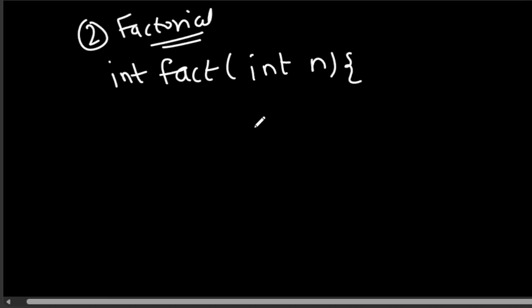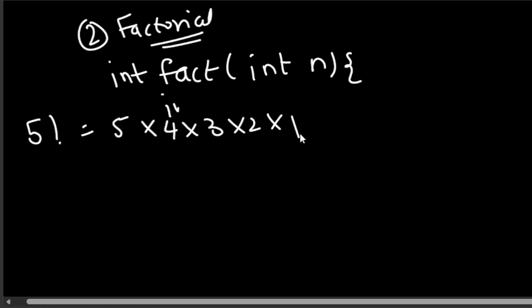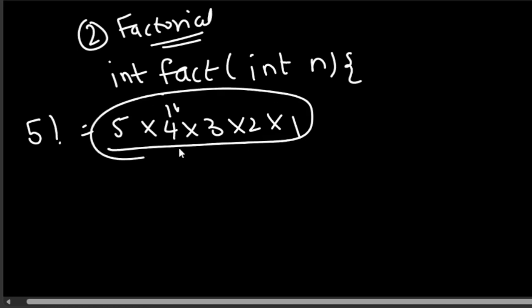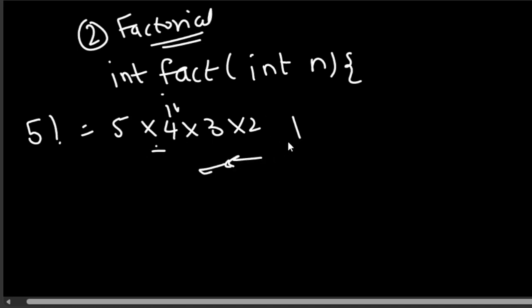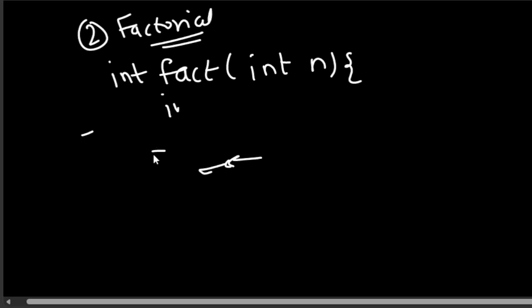In the factorial we have the calculation, right? 5 factorial, and I need to calculate 5 into 4 into 3 into 2 into 1. So we run a for loop and multiply each value with the result. That's it. Simple.